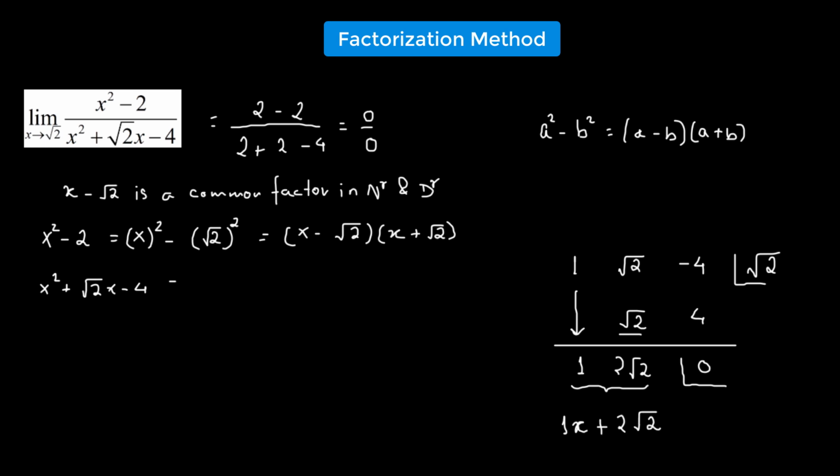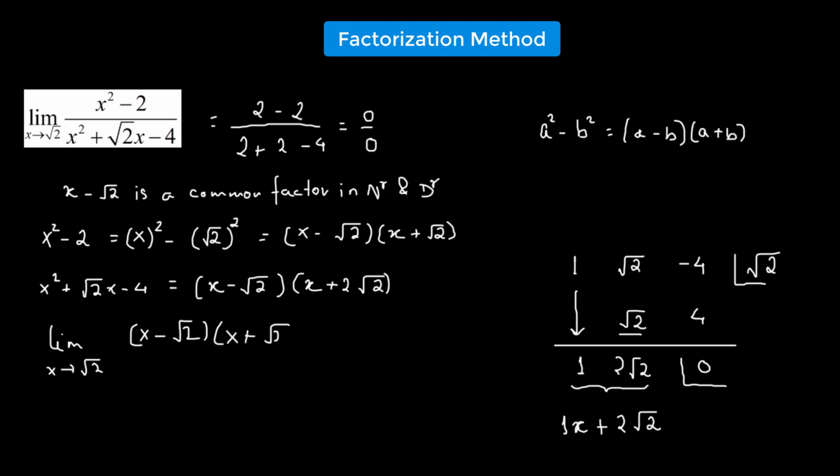So that means this will have the factor x minus square root of 2 multiplied by x plus 2 root 2. Now we're going to replace the function in the limit by its corresponding factors. So we have x minus root 2 multiplied by x plus root 2, divided by x minus root 2 times x plus 2 root 2.